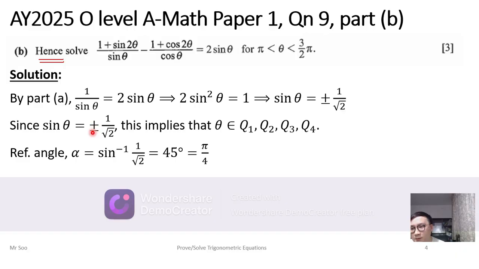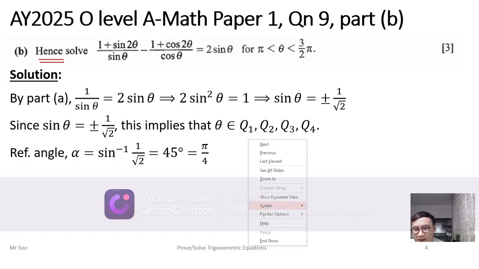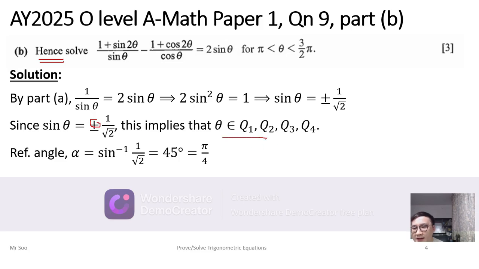You can see plus or minus, right? Because sine theta equals positive 1 over root 2, which means when sine is positive, which 2 quadrants does it lie in? Quadrant 1, quadrant 2, correct? So if I take the positive one, when sine is positive, my theta lies in Q1, Q2.